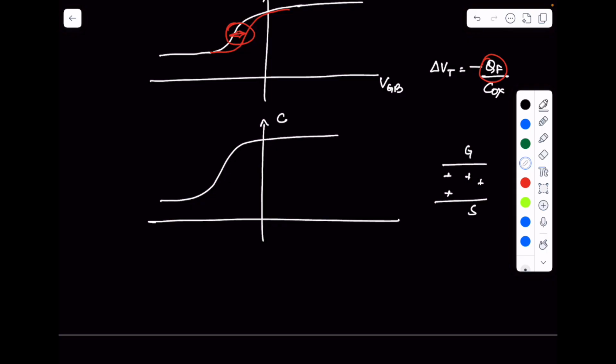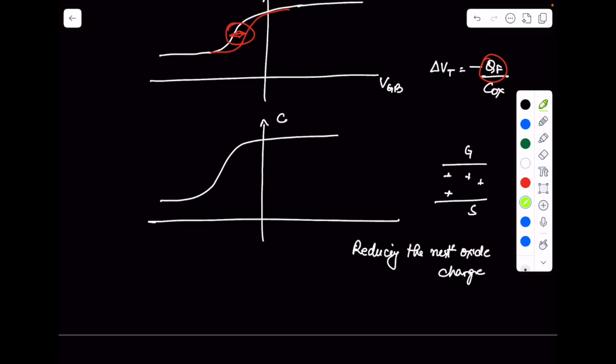Now, if you're reducing this charge, essentially you're reducing the net oxide charge in the system. So depending on whether it's positive or negative mobile ions, you will move the CV curve either in the positive x or the negative x direction.